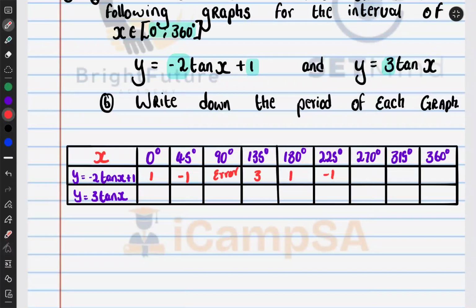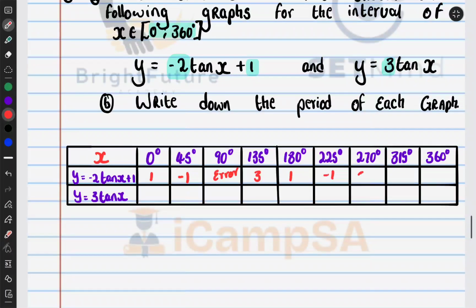At 270, it's an error again, that is an asymptote. At 315, we get a 3, and at 360, we get a 1.